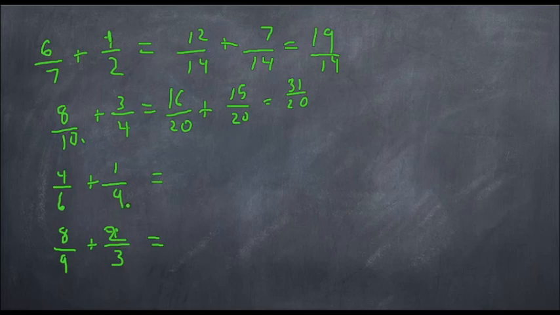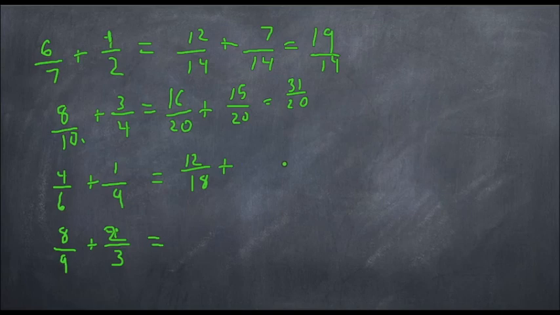Alright. Does 6 go into 9? No. Does 6 go into 18? Yes. So what times 6 equals 18? 3. So 3 times 4 is 12 on 18.